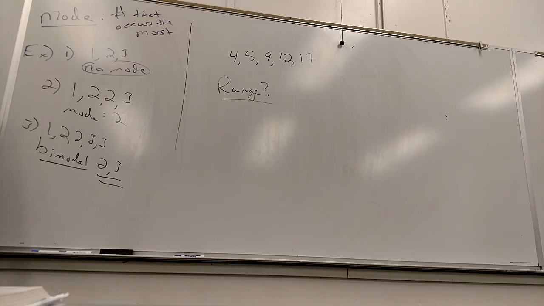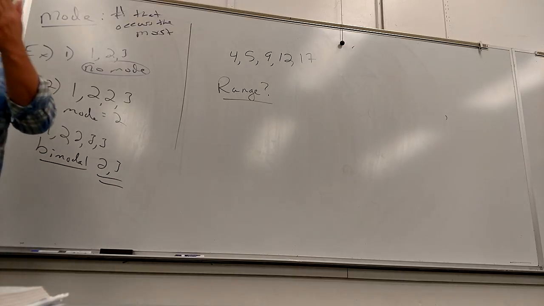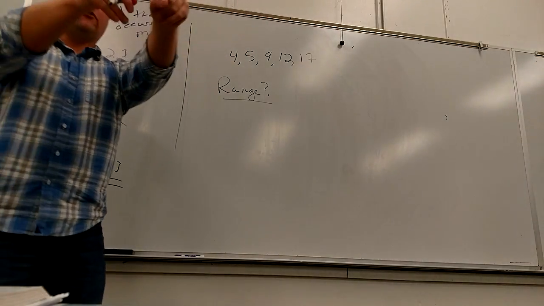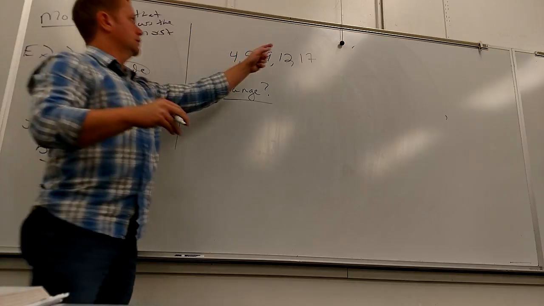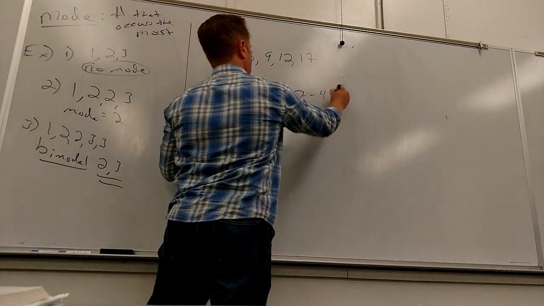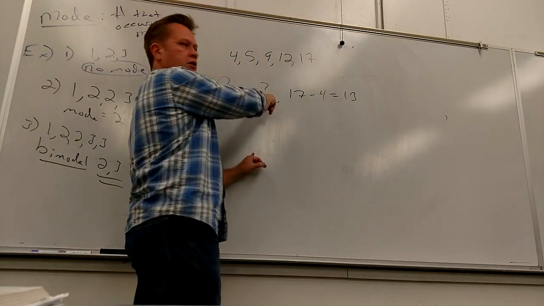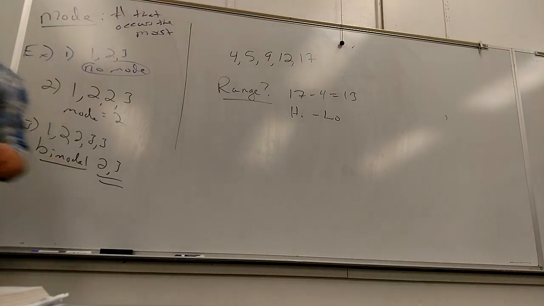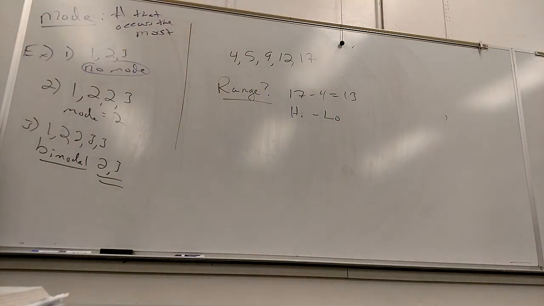Between 4 and 17. Now we're going to make a single number out of that. It tells me how wide the data set is. It goes from 4 to 17, so how wide is that? 13. 17 minus 4 is 13. So what's the formula for the range? High minus low.